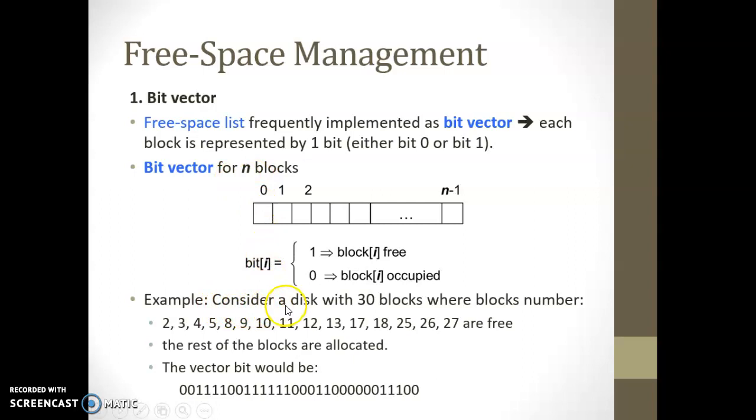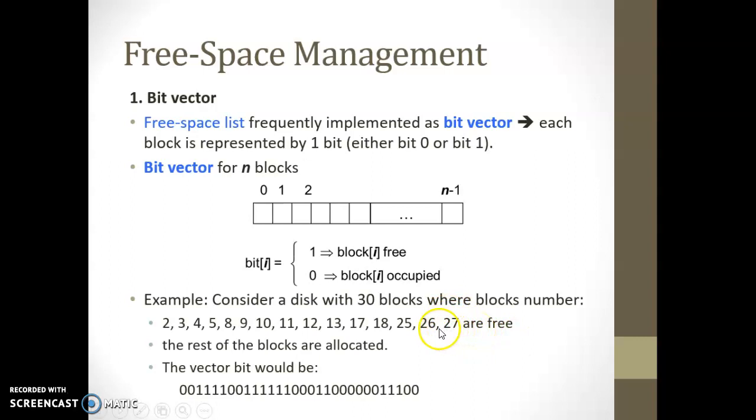Now, let us consider a disk with 30 blocks, right? And each block has the numbers from 0 until 29. Now, if the definition of bit 1 represents free block and bit 0 represents block occupied. Now here, block number 2, 3, 4, 5 and so on till 27 are free.